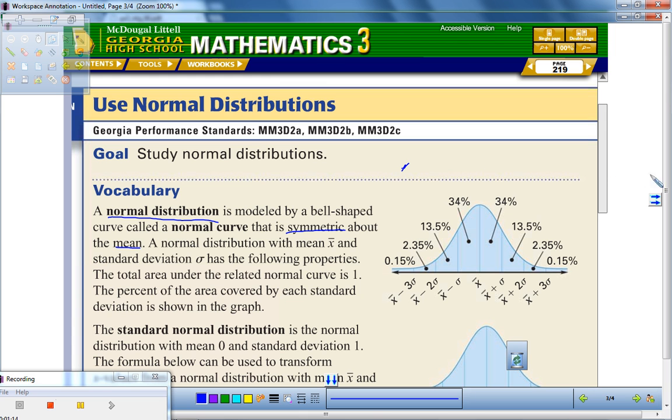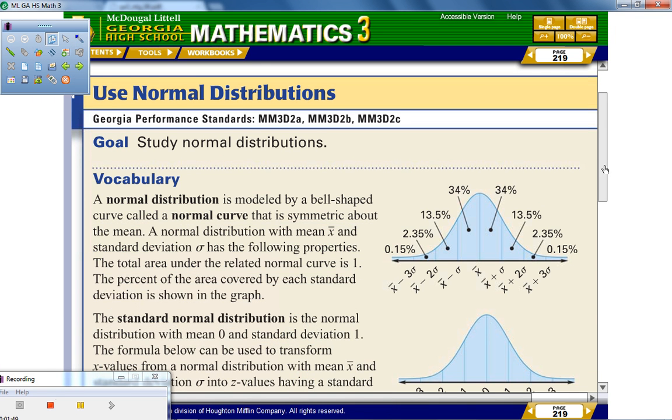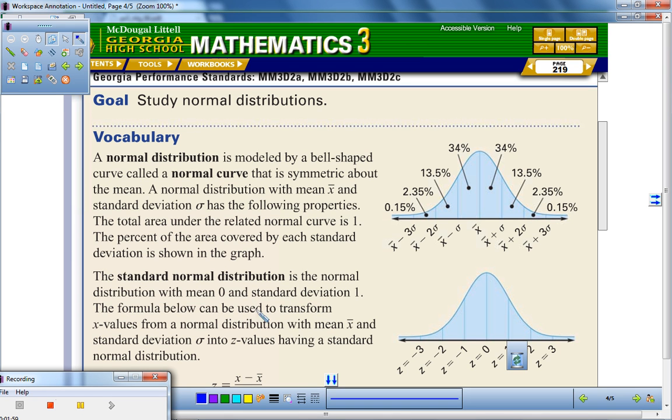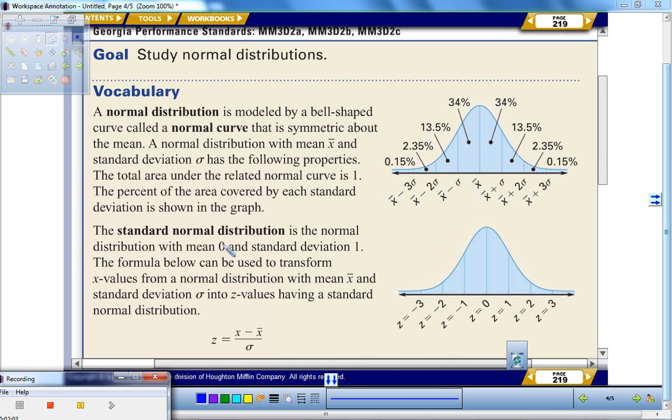Now we also have what's called the standard normal, and that's where we convert it to what's called a z-score. We'll spend more time doing this a little bit later. The standard normal distribution is the normal distribution with a mean of 0.